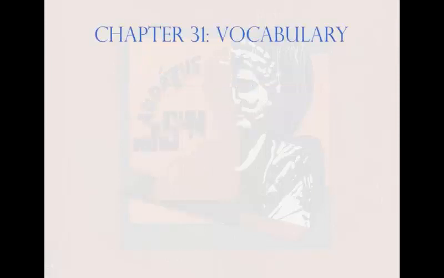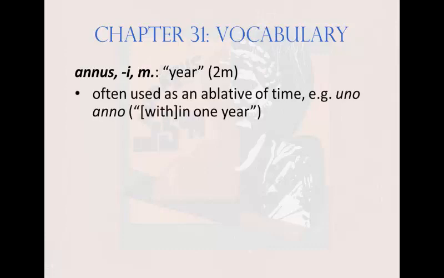The vocabulary, of course. The first word is annus, anni, masculine, meaning year. It's a second declension masculine noun, often used in the ablative of time. For instance, uno anno, meaning in or within one year. The next word is auxilium, auxilii.